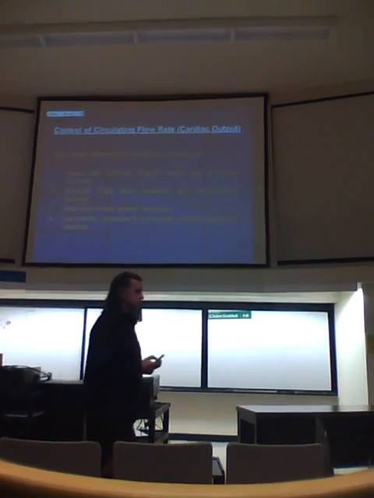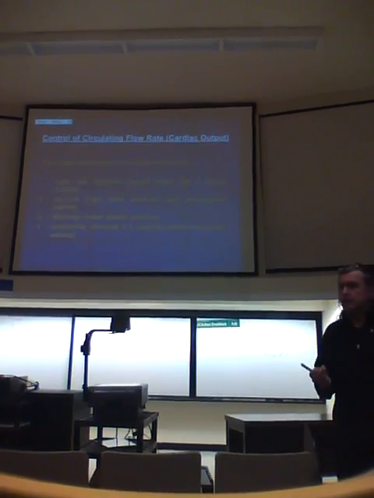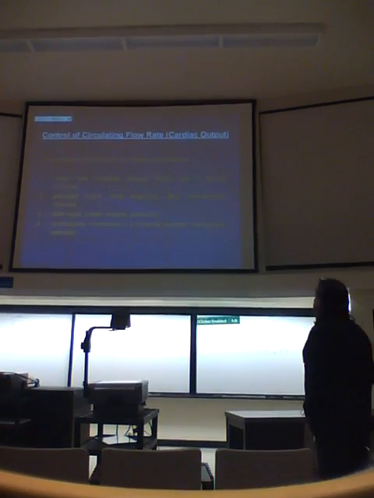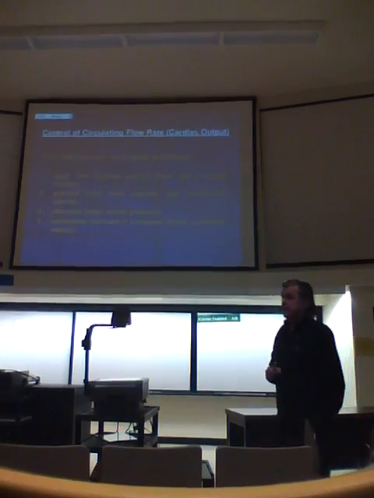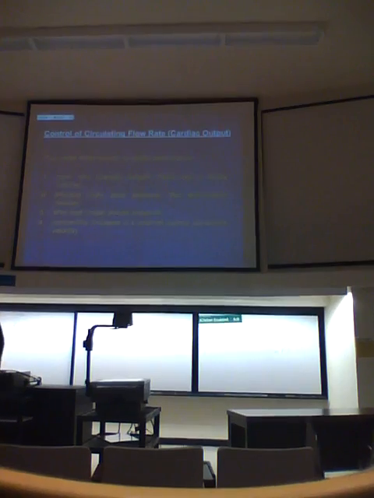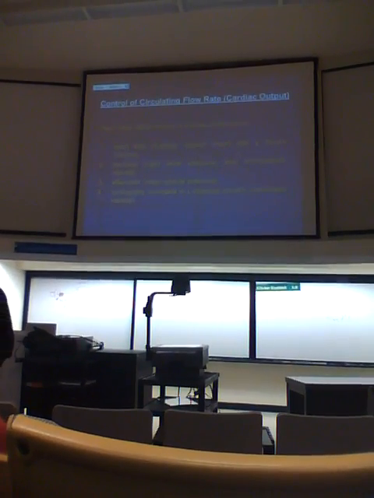So if your heart's cranking away at about 60 per minute, increasing that by a factor of 2, you probably increase cardiac output from 5 liters to about 8 liters, very easy. And that's simply by changing heart rate. And that may be something you do during exercise or fight or flight.